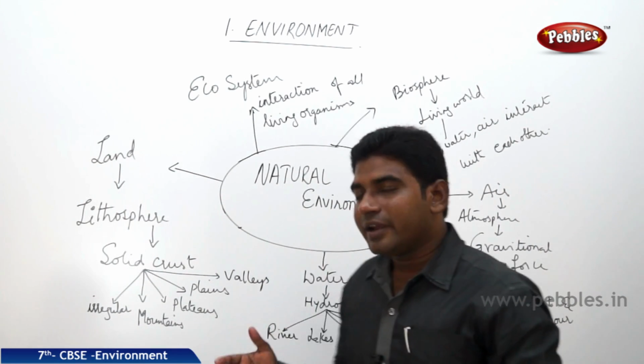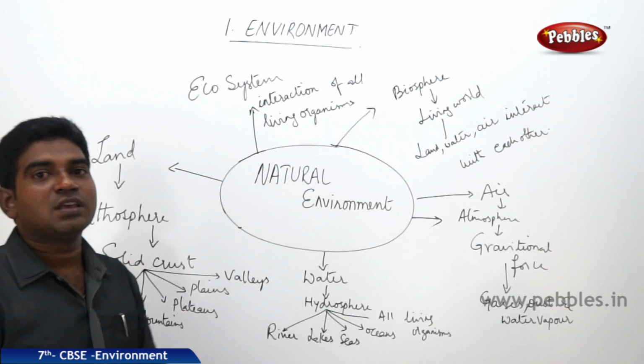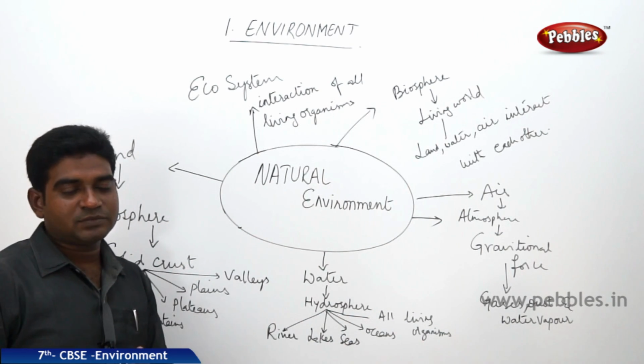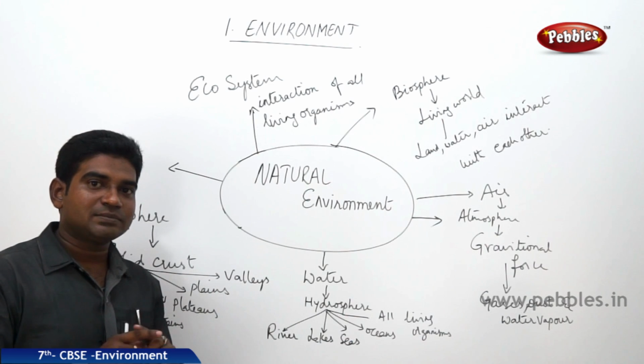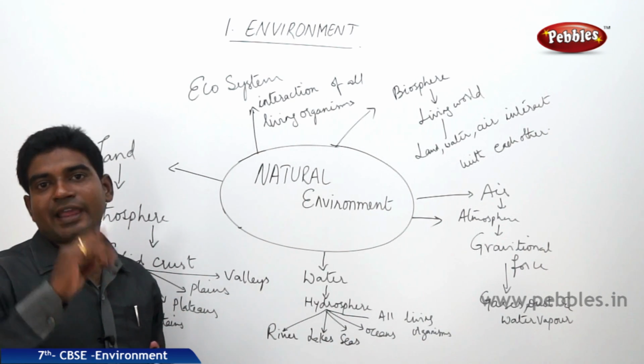So these are broadly categorized into 4 parts of the earth, that is, 4 realms of the earth. When we study our planet earth, we can broadly categorize it into 4 different categories.